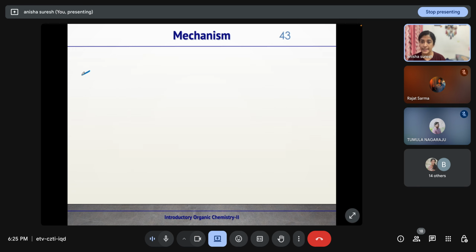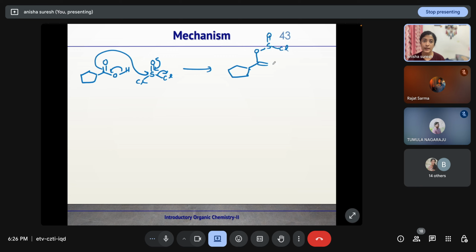So the mechanism is like this: we have an acid in the presence of SOCl2. This carbonyl oxygen will attack this thionyl chloride, leading to removal of Cl minus.